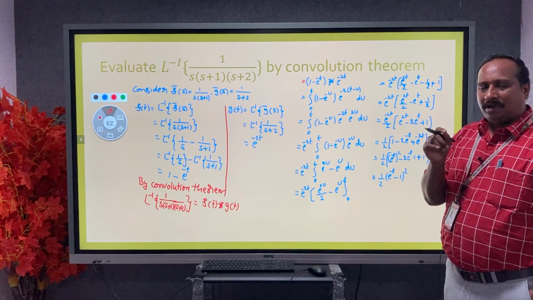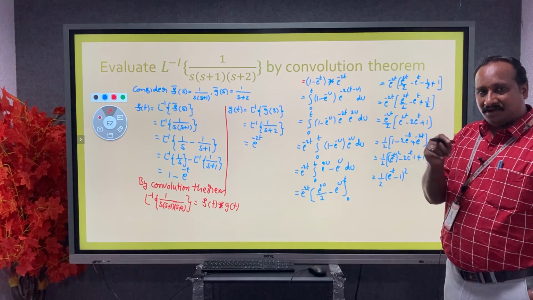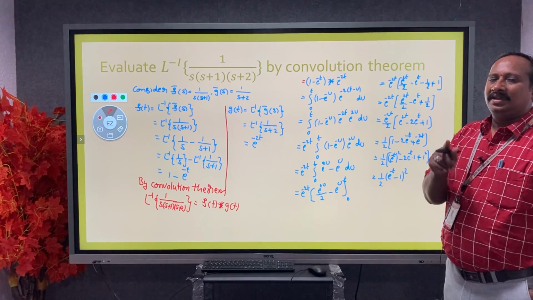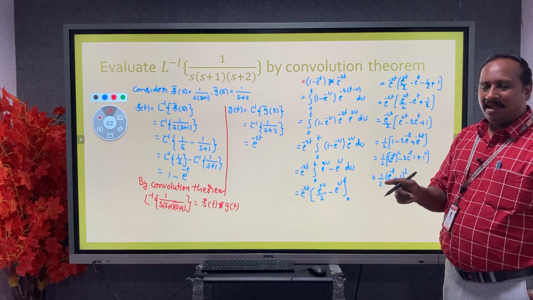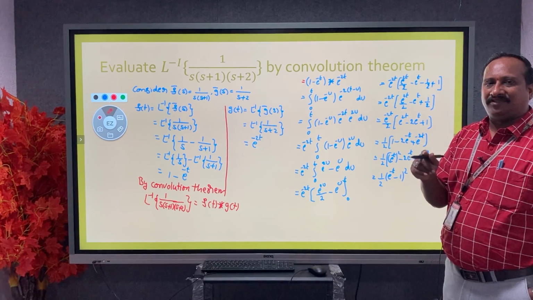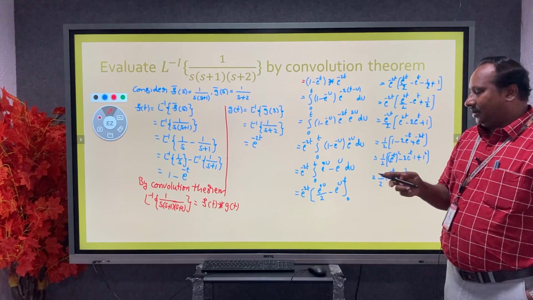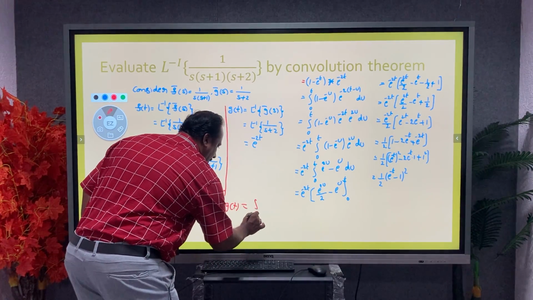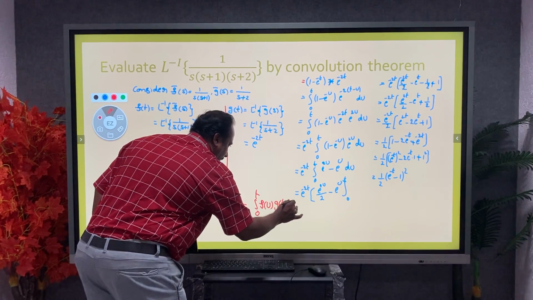So if you want to apply the convolution theorem, first take the given problem and consider the f bar of s and g bar of s, and then calculate f of t and g of t by the formulas L inverse of f bar of s and L inverse of g bar of s. After getting f of t and g of t, apply convolution theorem. What is the convolution theorem? L inverse of f bar of s, g bar of s equal to f of t star g of t, nothing but integral 0 to t f of u g of t minus u du.